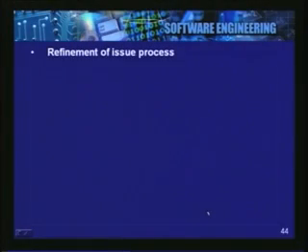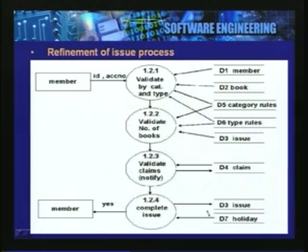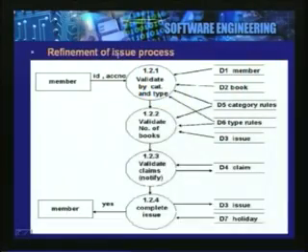Now that we have seen some of these data stores, we can refine the important processes in our data flow diagram, so that the complex processes are specified in detail now. So the issue process is one of the important processes, and we will illustrate how the refinement for this has been done here.